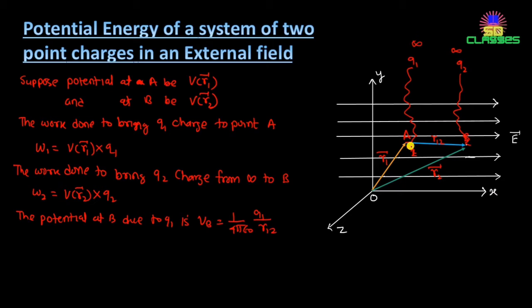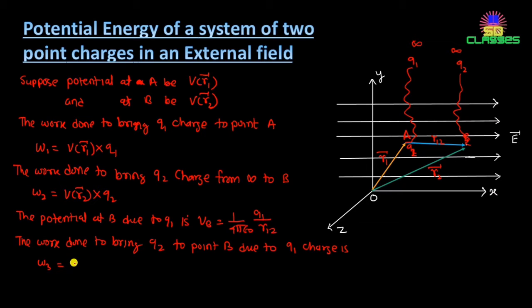So now due to this charge we have another work done. The work done to bring q2 to point B due to q1 charge is W3, which is equal to the potential V_B into q2.